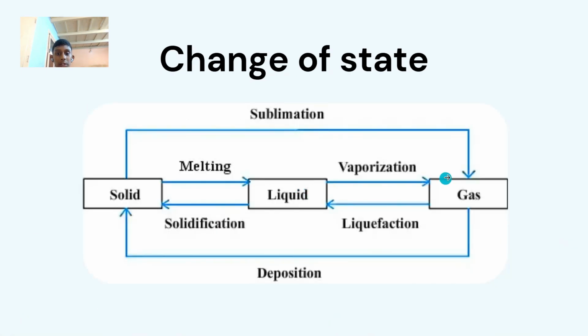Let us analyze this picture, which explains that the transition between solid and liquid occurs via melting and solidification. Transition between liquid and gas occurs due to vaporization or liquefaction. Direct transition between solid and gas occurs due to sublimation, and gas to solid is deposition.